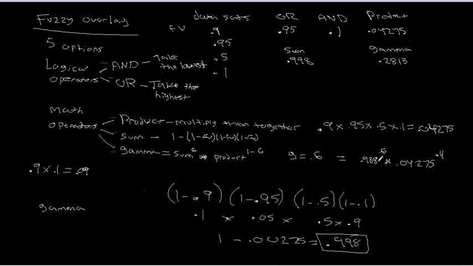And if we change the gamma closer to 1, we're going to weight this part higher, so we're going to end up having a higher overall suitability.